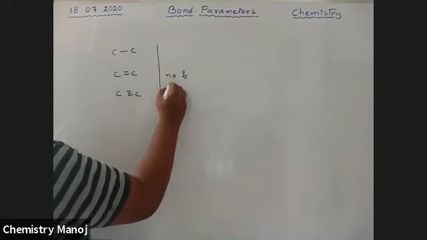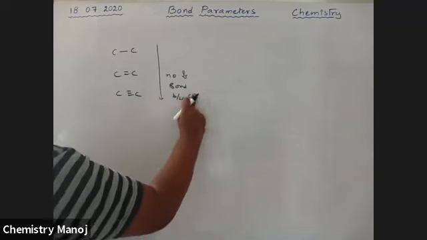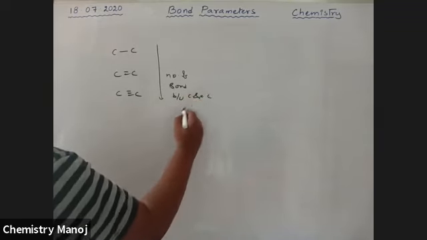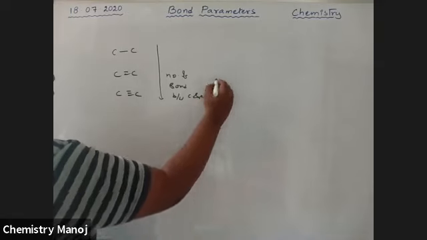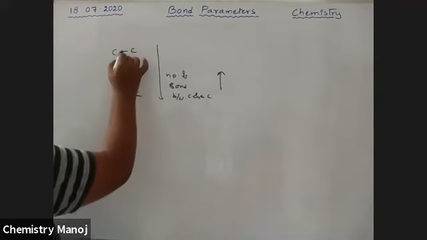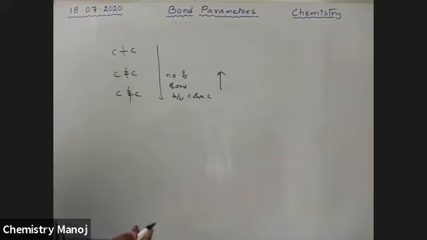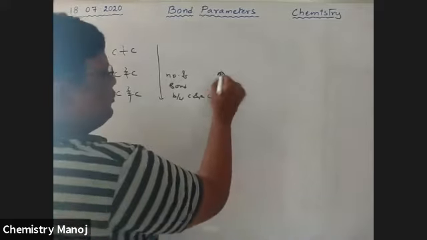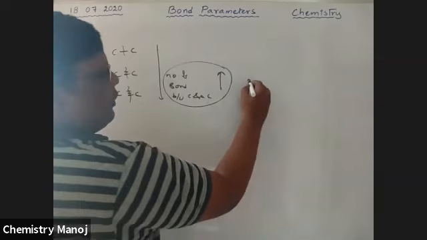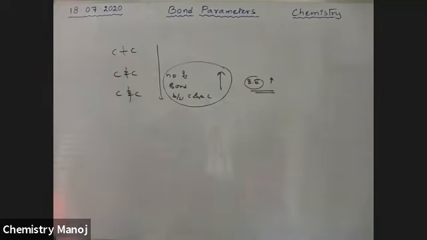The number of bonds between C and C increases. As the number of bonds increases, a single bond is easy to break, a double bond is difficult to break, and a triple bond is much more difficult to break. That's why bond energy increases. As the number of bonds between the atoms increases, bond energy also increases.